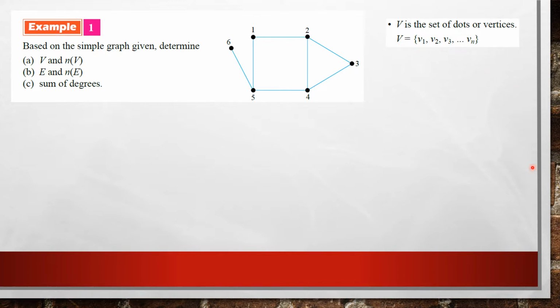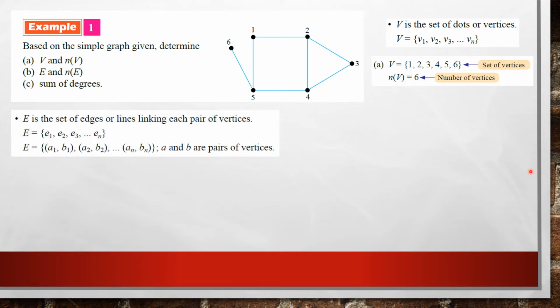Here, your vertices are labeled as 1, 2, 3, 4, 5, and 6. So you write V equals, using the set notation, {1, 2, 3, 4, 5, 6}. And NV means number of vertices, that is the total vertices that you have. Total dots you have is 6.